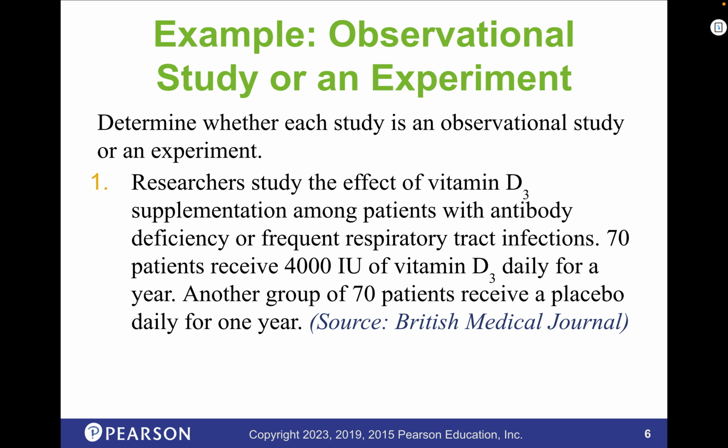Could there be ethical issues? What if it turns out the vitamin D was really, really helpful, kept them from getting sick? Maybe we found that out in the first 3 months, but we kept it going for a whole year. What are we doing to the people that have the placebo?